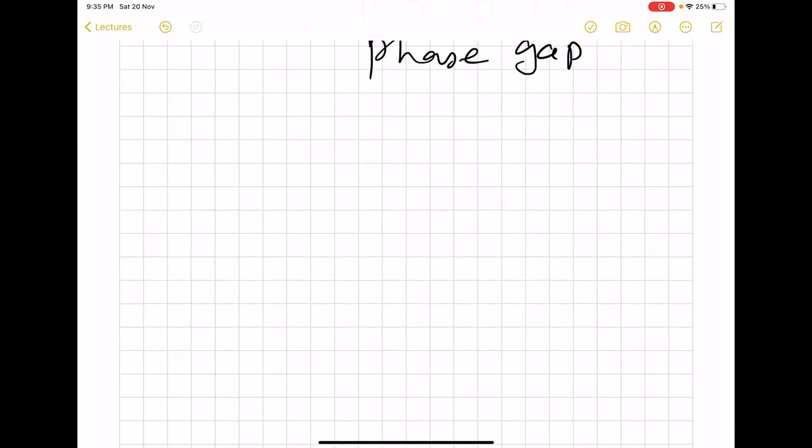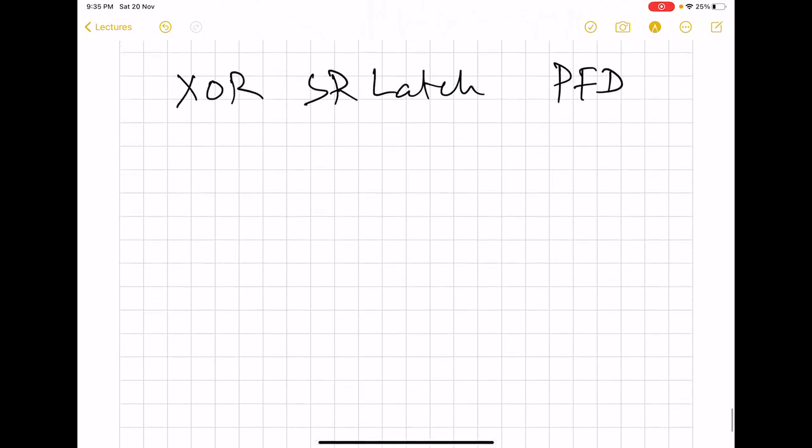So we have seen three digital phase detectors: XOR, SR latch, and PFD. So we can see how they compare with each other.